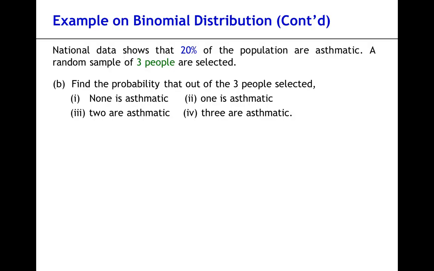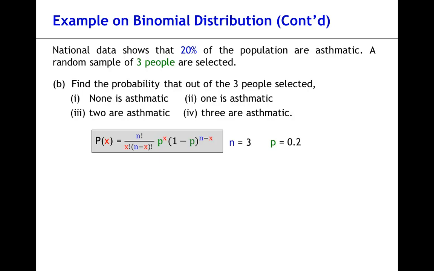In part B, we are asked to find the probability that out of the 3 people, none, 1, or 2, or 3 are asthmatic. Since this is a binomial distribution, we use this formula to find the probability, bearing in mind that n is equal to 3 and little p is equal to 0.2.